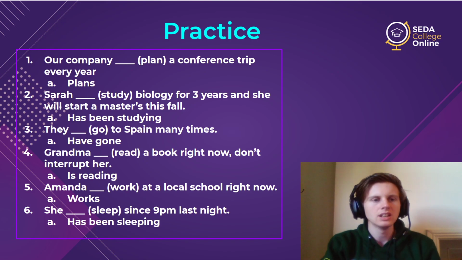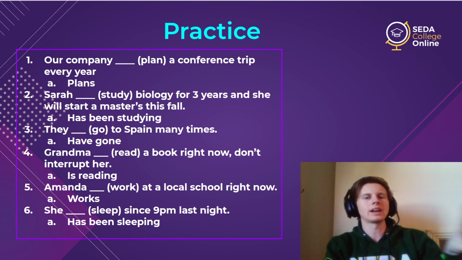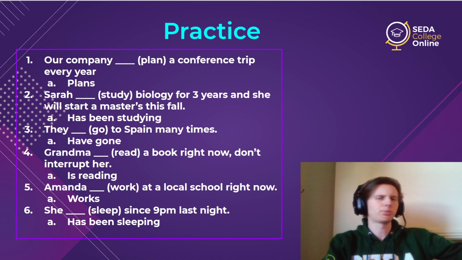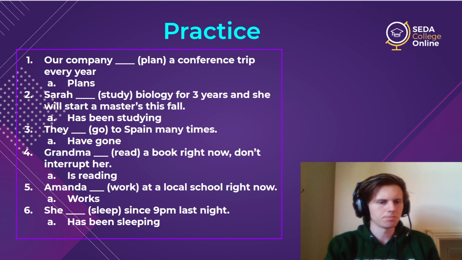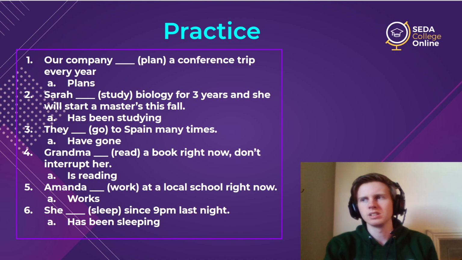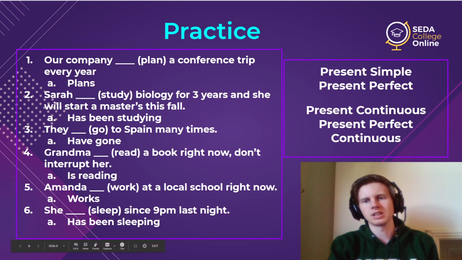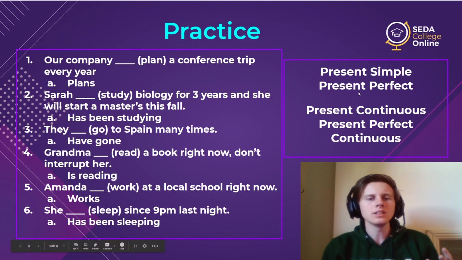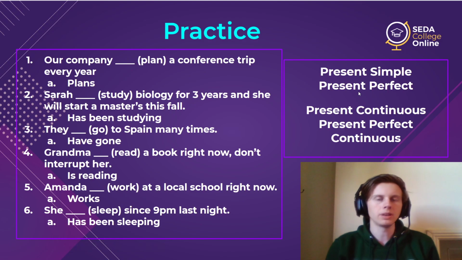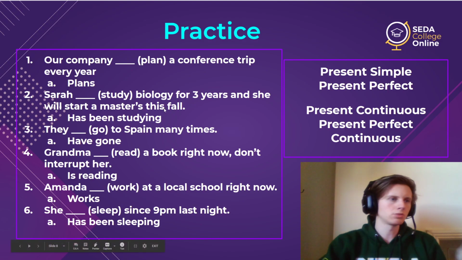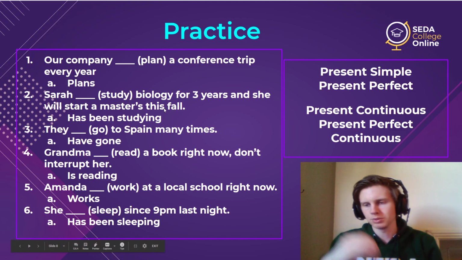All right. So these are just some random practice examples of these different verb tenses. But what I want to show you now is something a little more practical. We've got these four verb tenses here, but when do we really use them in real life? These are random situations, random examples.